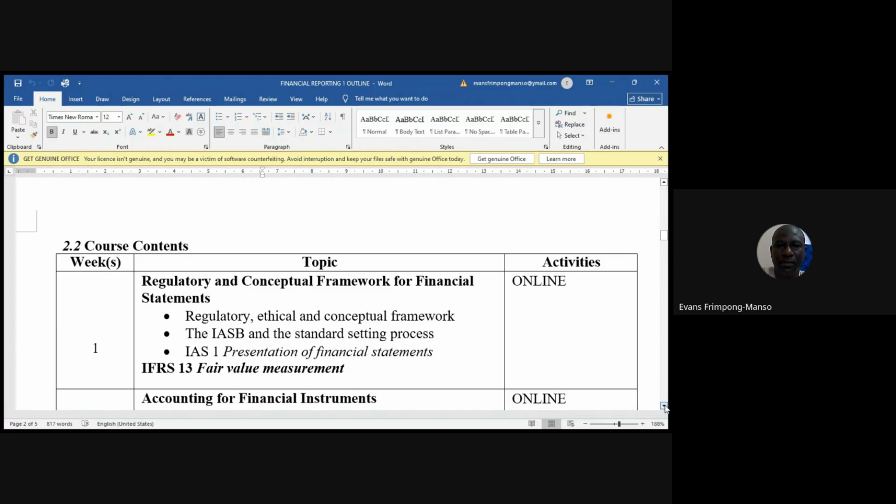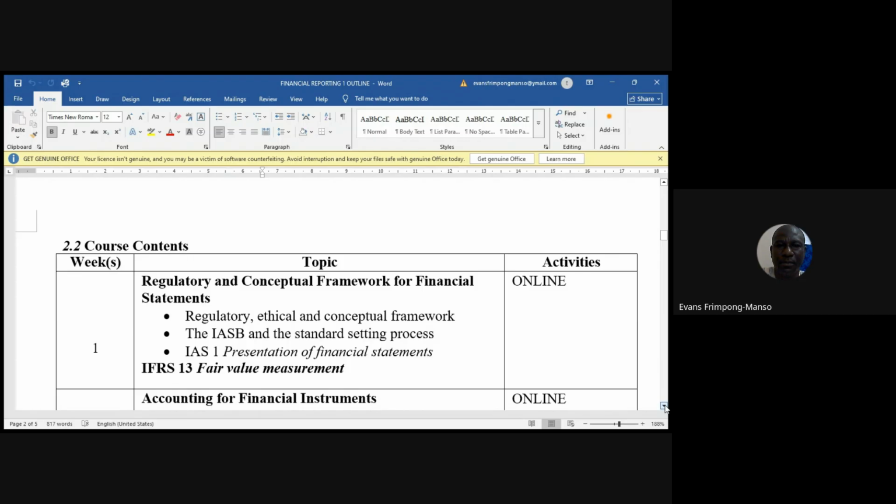After we are done, we look at how the standard setters set standards. The International Accounting Standard Board is responsible for setting accounting standards, so we will look at the process that they follow.